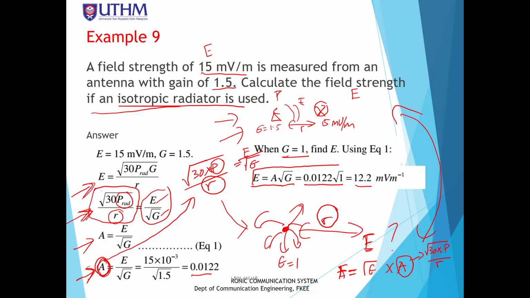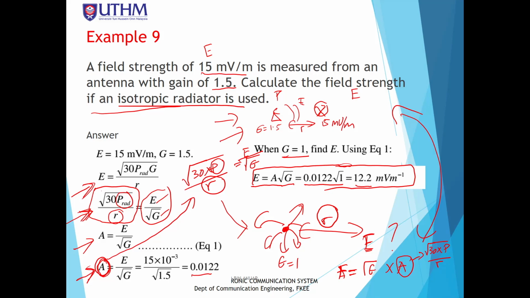So you see that the E field for isotropic radiator is smaller than the electric field that we get when we use a real antenna. Electric field ini menjadi lebih kecil apabila kita menggunakan isotropic radiator disebabkan oleh gain yang bersamaan dengan satu. So when the gain becomes smaller because we change the antenna, therefore the electric field becomes smaller.